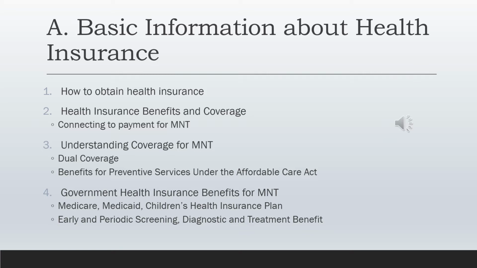We'll also talk about government health insurance benefits for MNT. So with government health insurance, including Medicare, Medicaid, the Children's Health Insurance Plan, and then the early and periodic screening, diagnostic, and treatment benefit, we will talk about all of these in this section.